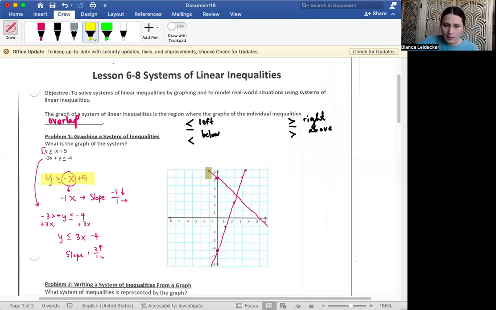So my first equation is this line right here, and it is greater than or equal to, so I'm going to shade above. This whole section is what's shaded for that first equation.